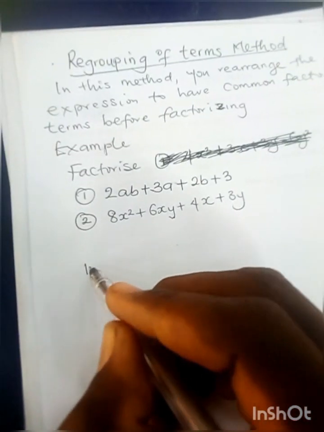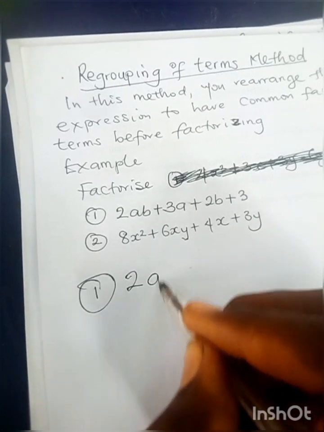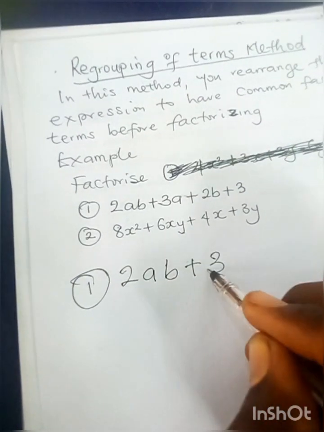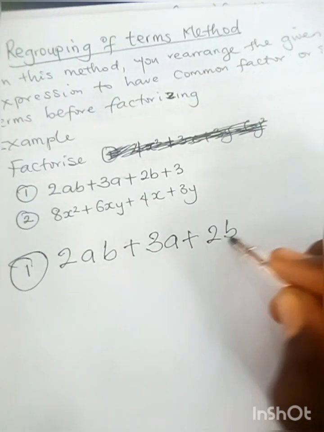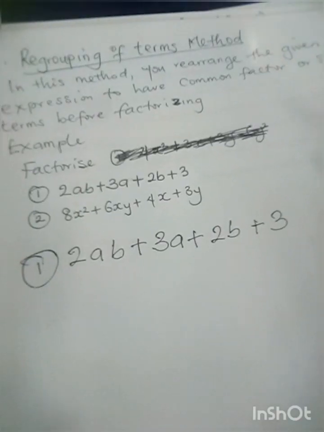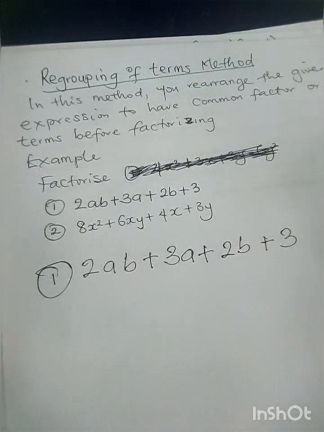Now 1, they say we should factorize 2ab plus 3a plus 2b plus 3. Now let's see. Here we can regroup what is common.